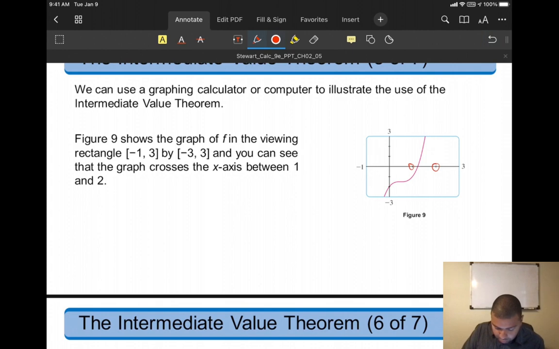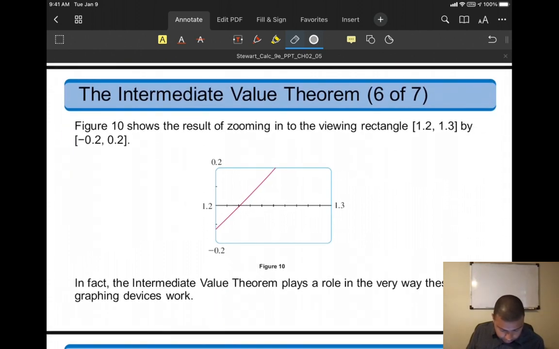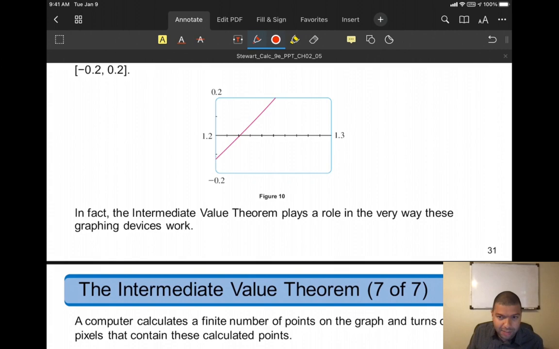We're also able to find out that 1.5 was positive, so we got a better approximation than the slideshow knows about. If you zoom in even further, it's between 1.2 and 1.3. If I wanted a better approximation, I could plug in 1.25, right in the middle here, and it would tell me that it was positive, and then I'd know that it's between 1 and 1.25. So I can keep repeating this idea.